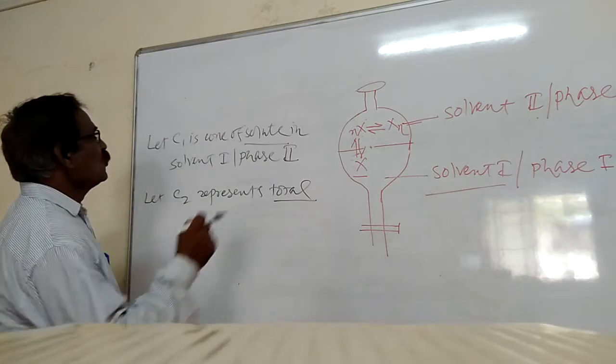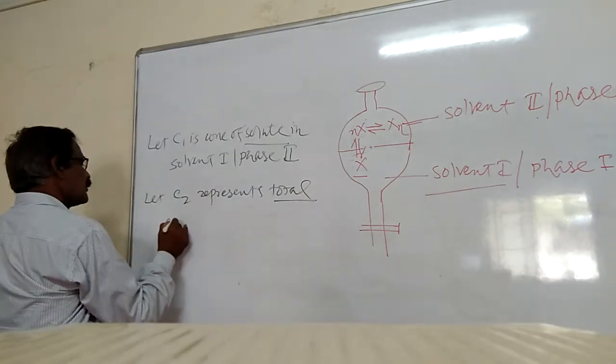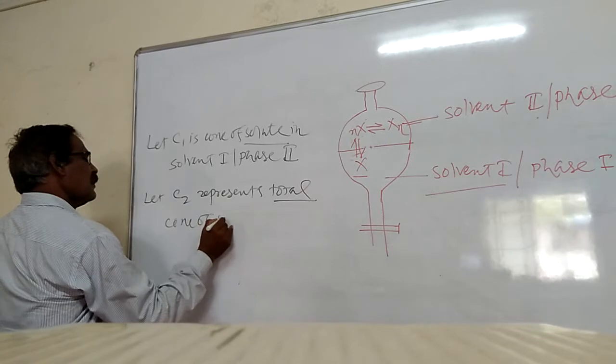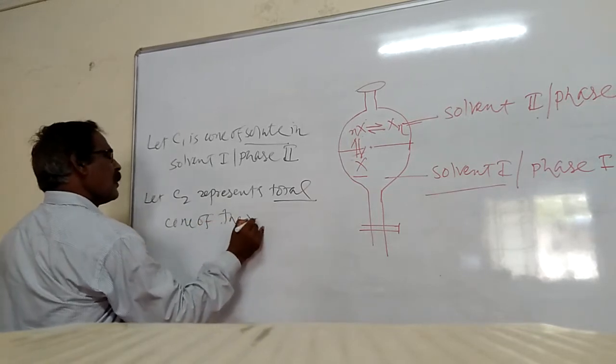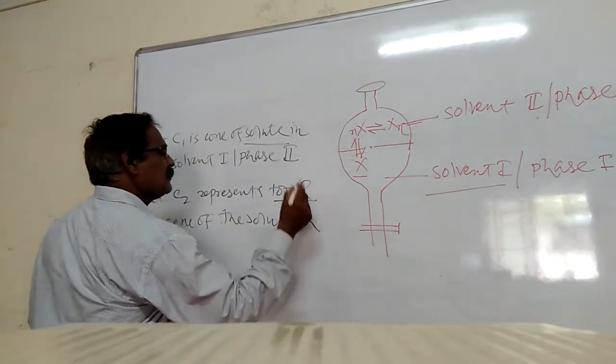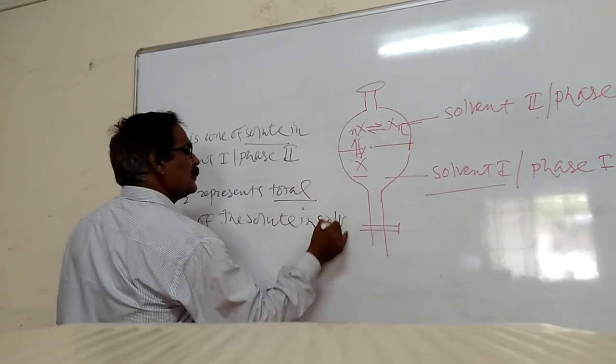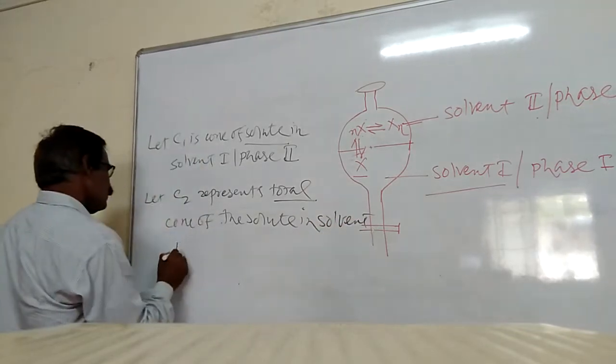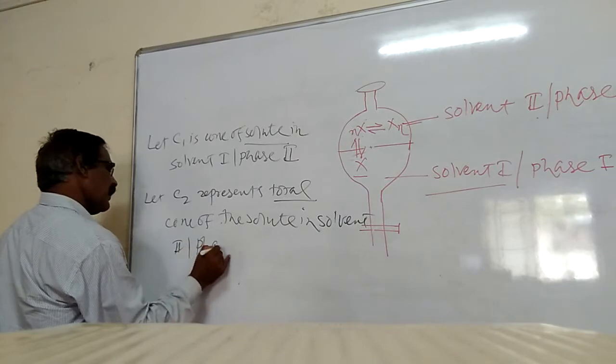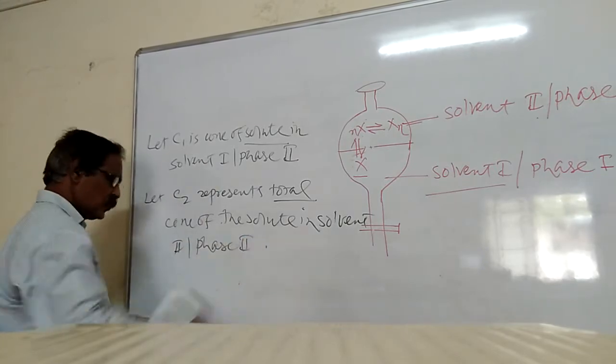So C2 represents the total concentration of the solute in solvent 2 or phase 2.